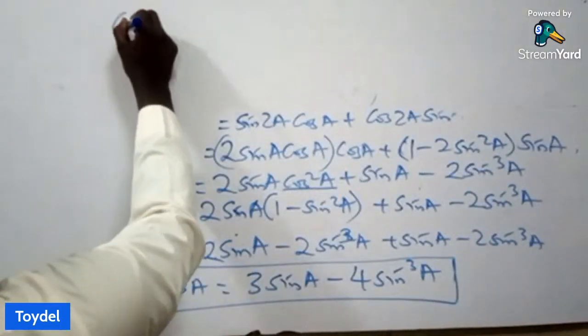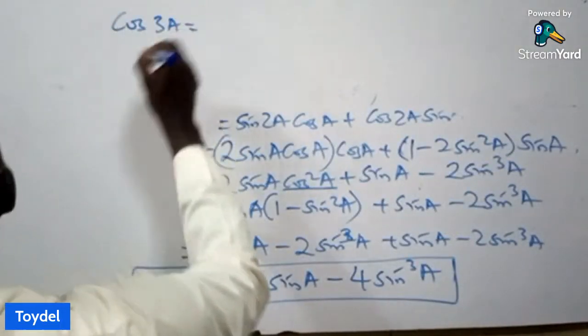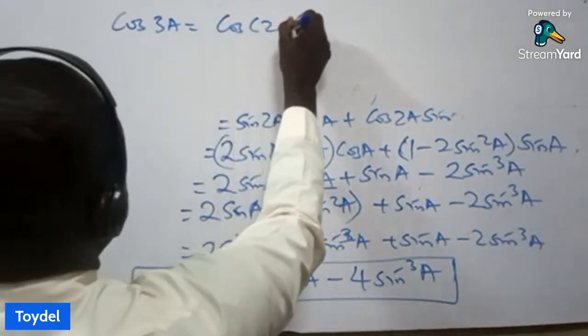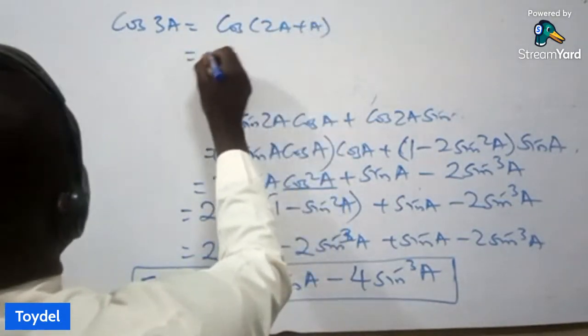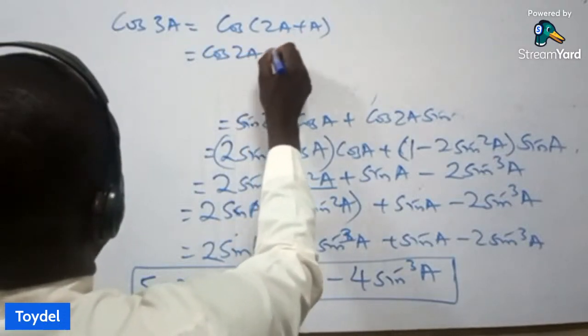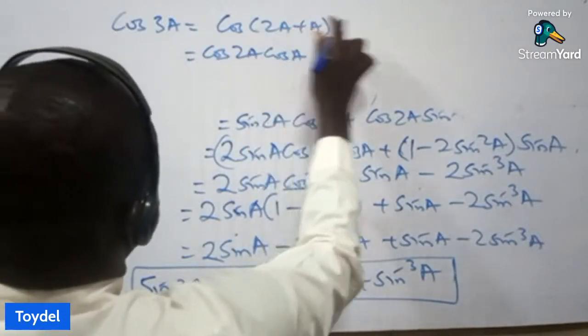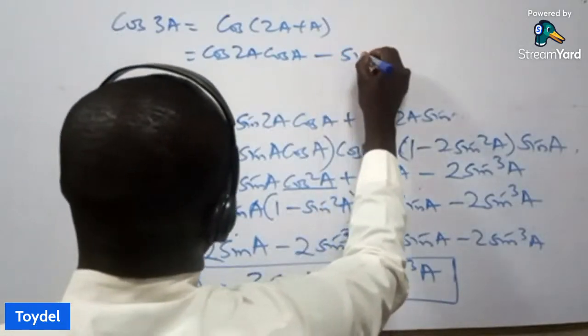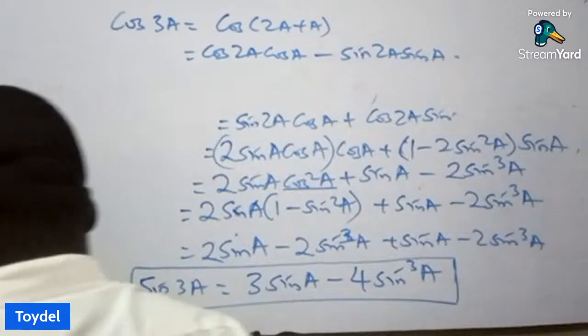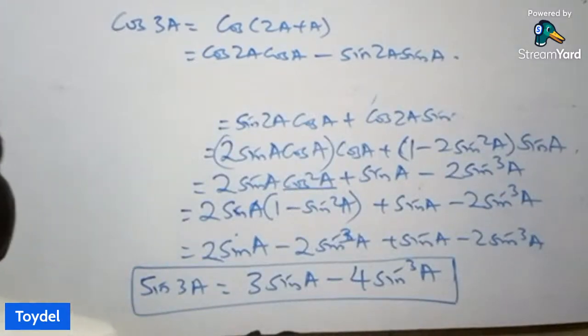Then we talk about cos 3A. Of course, cos 3A will be cos of 2A plus A. So this will be cos 2A cos A, and when we have plus, it is negative, minus sine 2A sine A. That's what we are going to get.